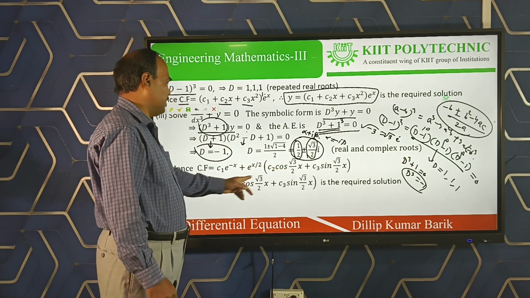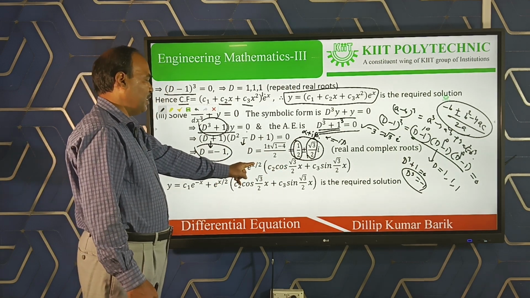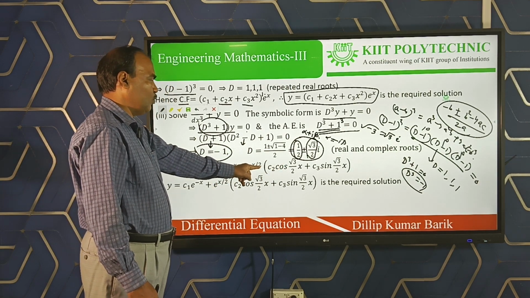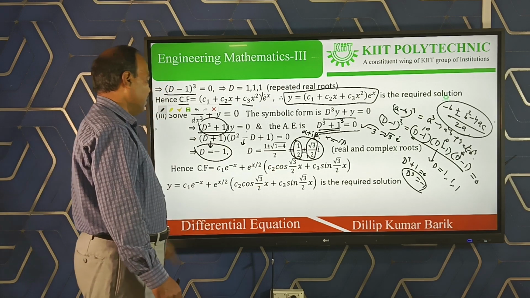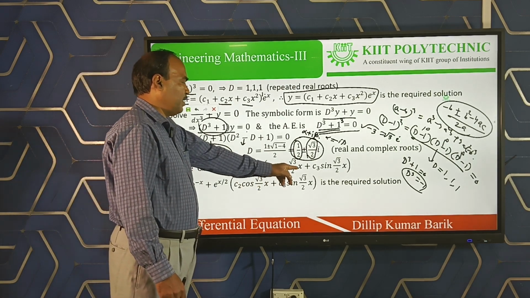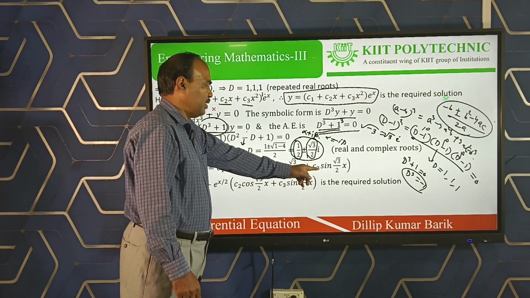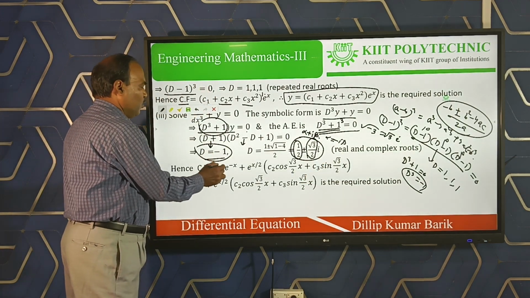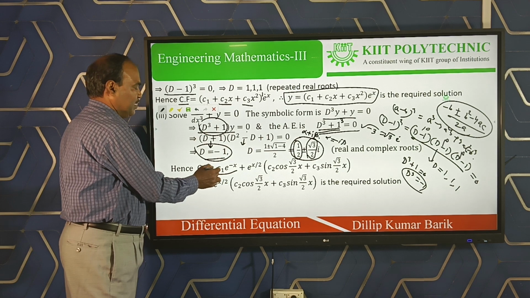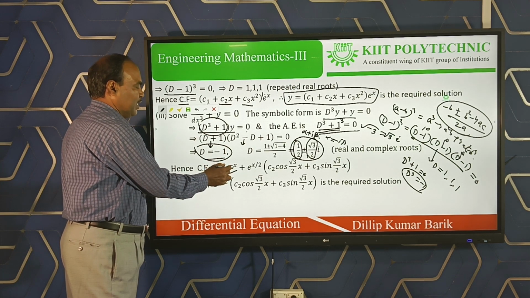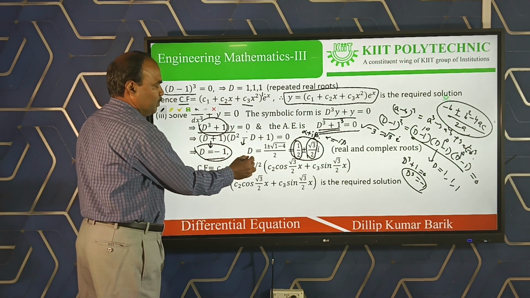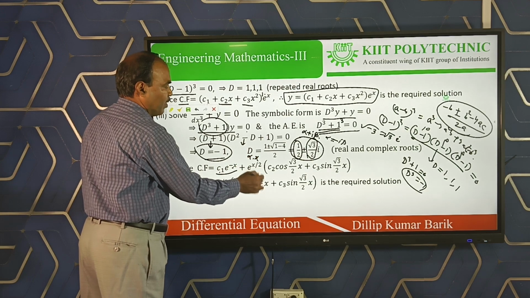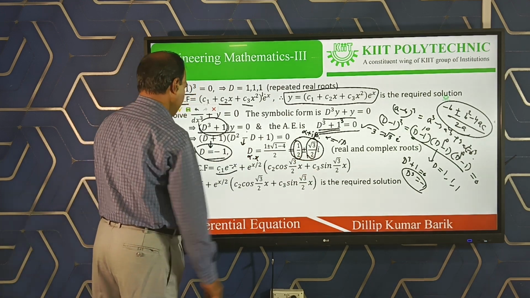and its corresponding solution is e to the power alpha x, means e to the power x by 2, into c2 cos root 3 by 2 x plus c3 sin root 3 x by 2. But for this real root, we take the help of case 1, c1 e to the power minus x. These are the answers.